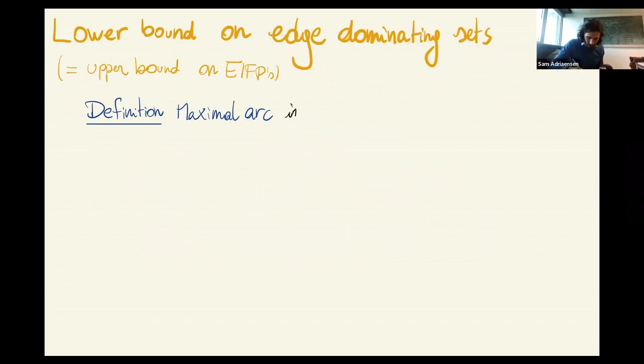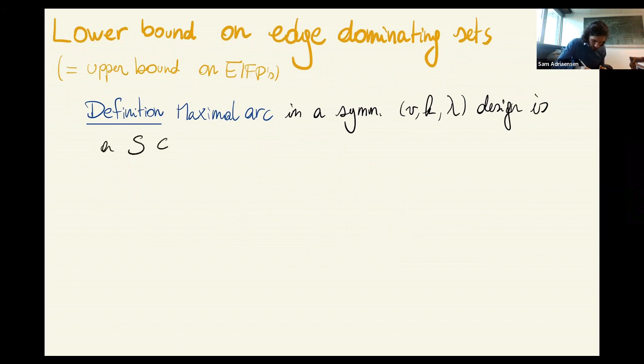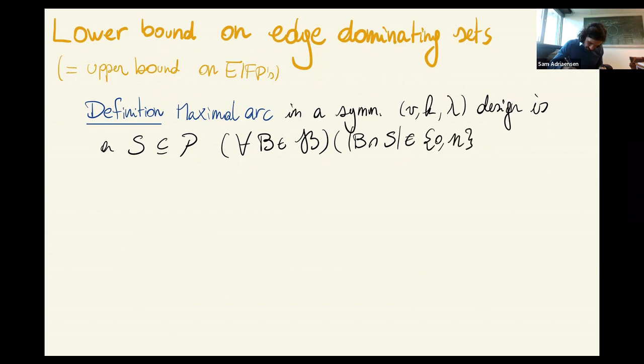So if you look at a maximal arc in a symmetric (v, k, lambda) design, this is a set of points such that any block intersects it either in 0 points or in n points for some integer n. And this n is called the order of the maximal arc.